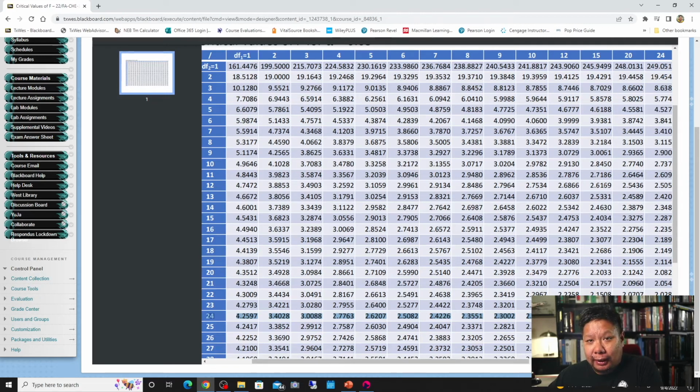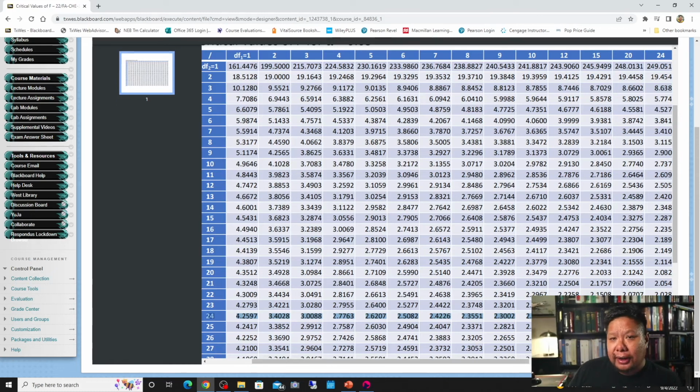And so that's one way to determine whether or not your data sets, namely you and your partner, are different, okay, or are statistically different.